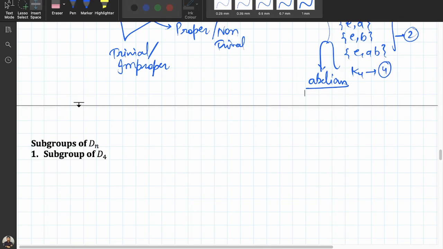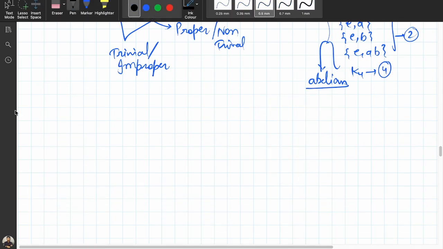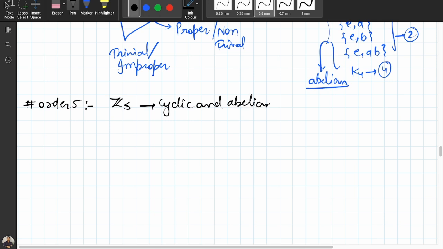Next, order 5. Group of order 5. Because 5 is prime, the group is always cyclic. Z5 is always cyclic and abelian. If it is cyclic and abelian, it is of prime order. So Z1 and Z5 are the only subgroups.